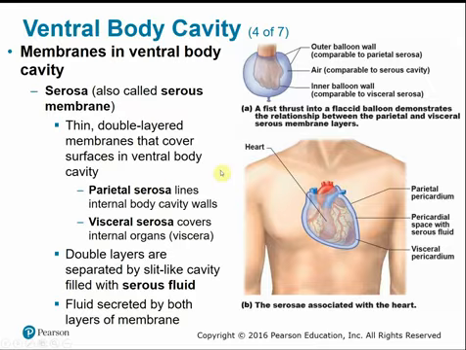A good analogy to think about these serous membranes: imagine you had a balloon, you aired it up, and you put your fist or your hand into the balloon. The outer balloon wall is comparable to the parietal pericardium or the parietal serosa.